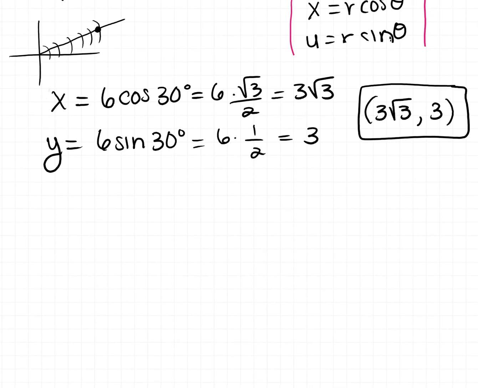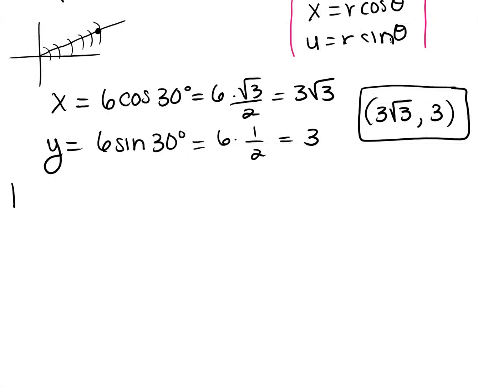All right, one more, and then this will be part 1 of the lecture, and we'll finish up this lecture another time. I like this one because it's kind of interesting. How about 1, 7 pi over 4? Actually, I might do one more after this.